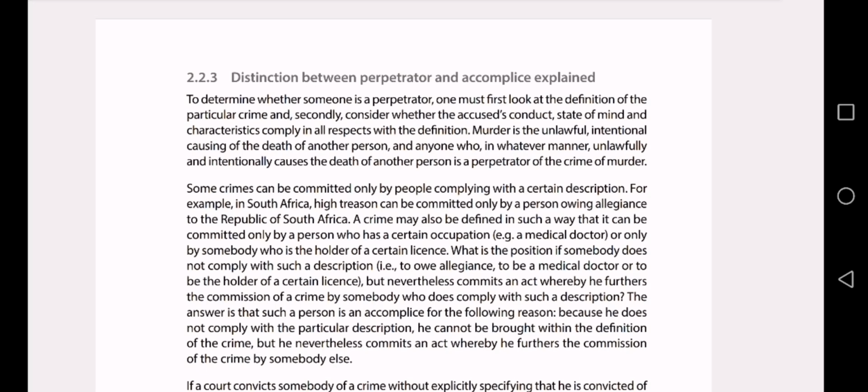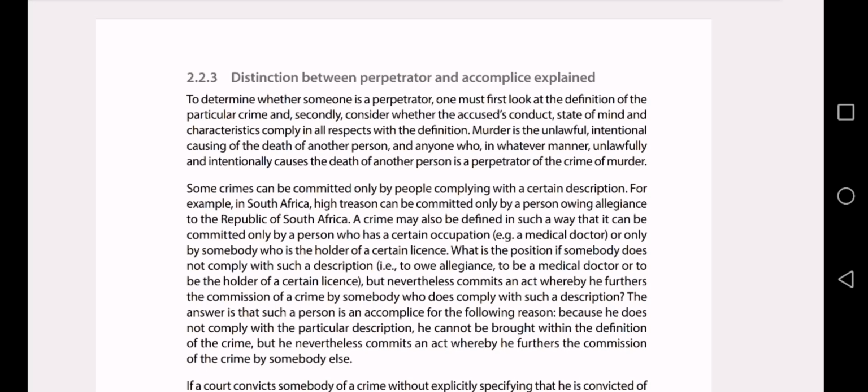A crime may also be defined in such a way that it can be committed only by a person who has a certain occupation, e.g., medical doctor, or only by someone who is the holder of a certain license.